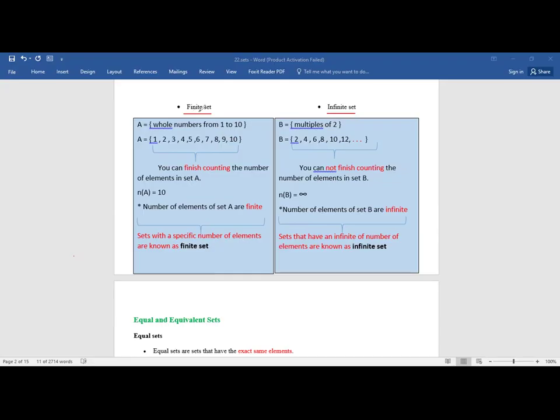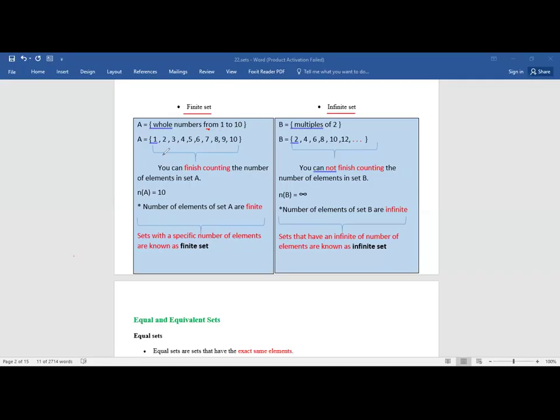A equals whole numbers from 1 to 10. So you have to include 1 and 10 also. A equals {1, 2, 3, 4, 5, 6, 7, 8, 9, 10}.